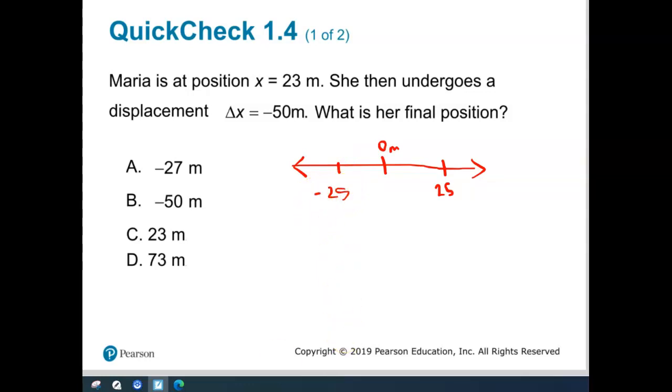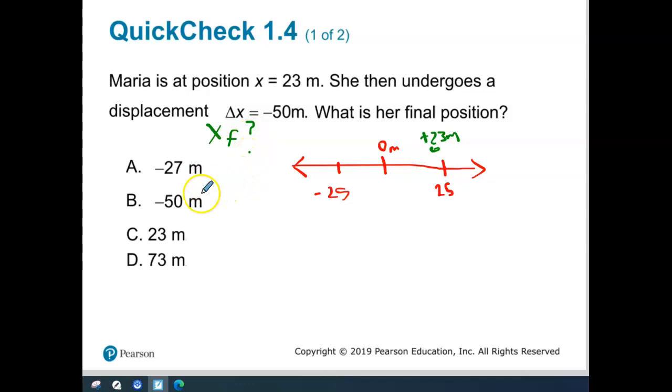So this dot is Maria, and she's starting not at 25, sorry, we're starting at 23. It's a little bit close to the 25, so it's a positive 23. We're trying to figure out where she finishes, so we're looking for her final position, which is xf.